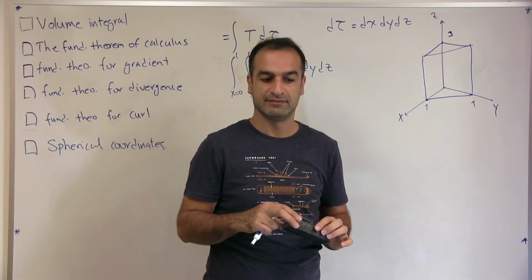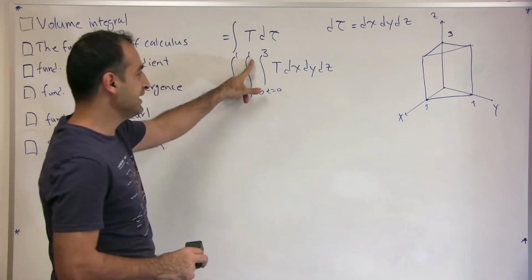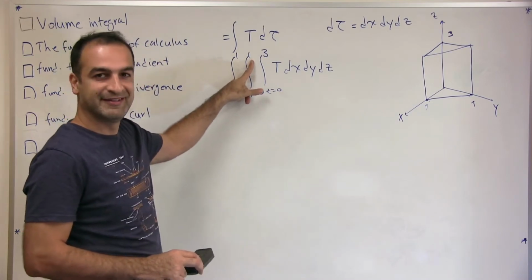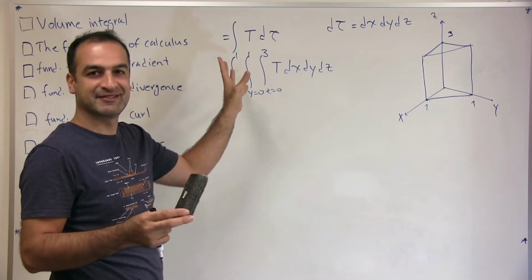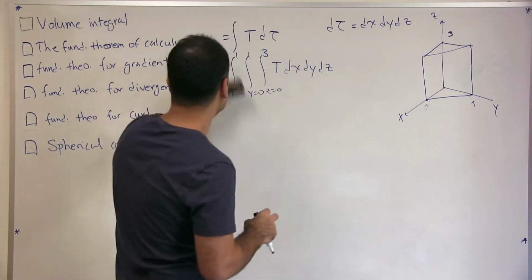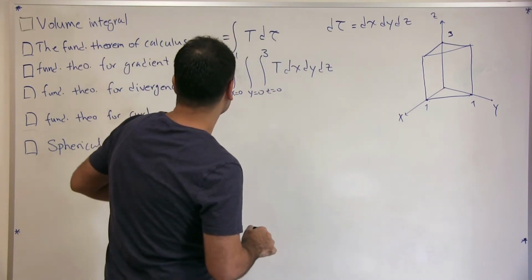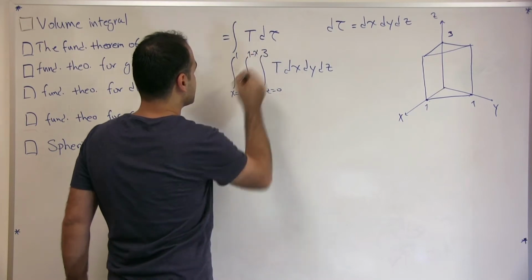The y can go from 0 to x. Y goes from 0 to x, or something else? A linear function of x, so in that sense, that's correct. But if you want to stay within this region, what you should do is that y goes from 0 to 1 minus x. Oh, right, yeah.